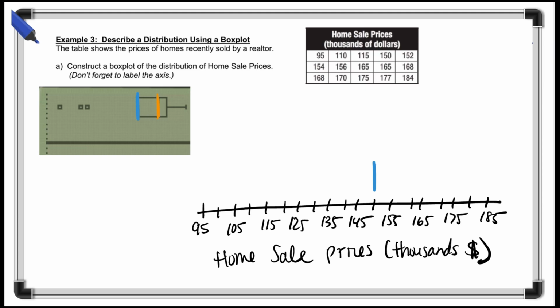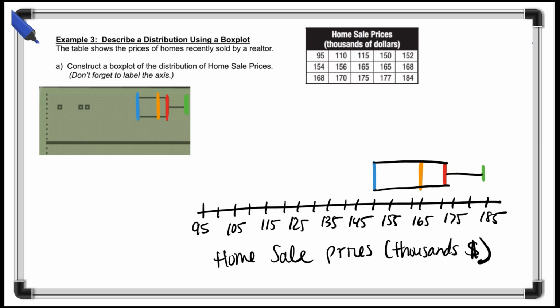Our median is right here, and from that data, that was 165. Our Q3 from our data was 170. So here we can make our box. Our maximum from that data as we were tracing was 184, so just shy of 185.